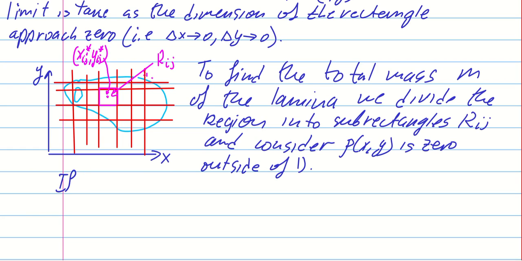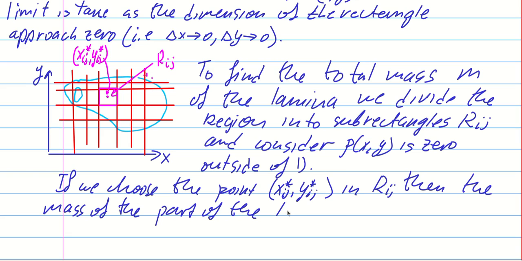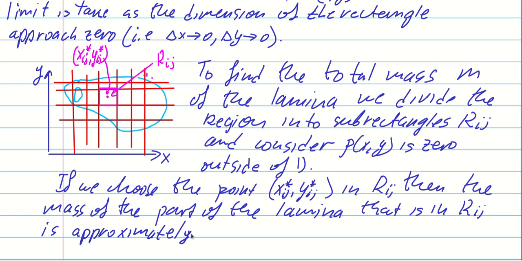So if we choose the point x sub i j star, y sub i j star in R sub i j, then the mass of the part of the lamina that is in R sub i j is approximately rho of x sub i j star, y sub i j star times delta A. Why is that?